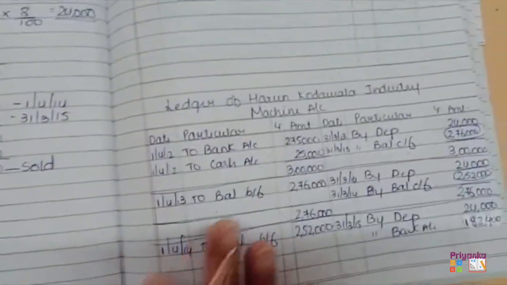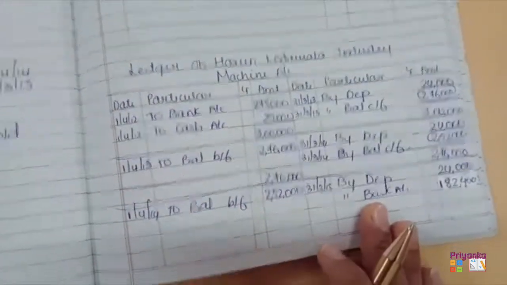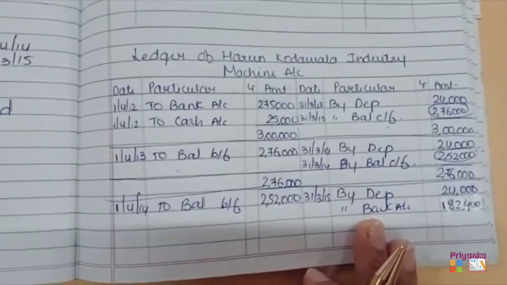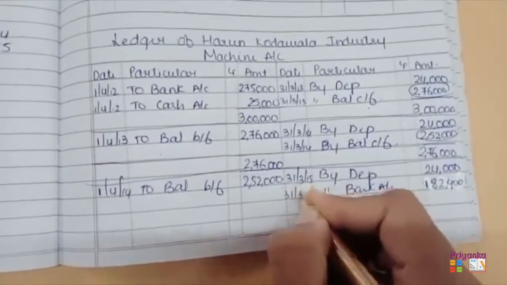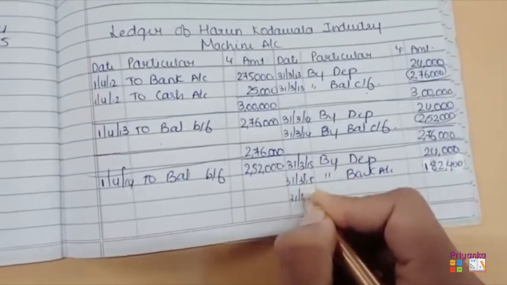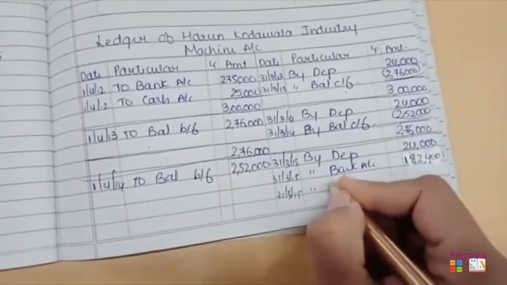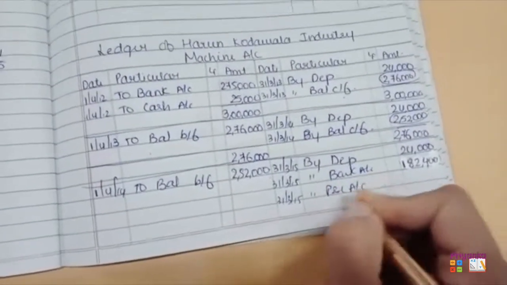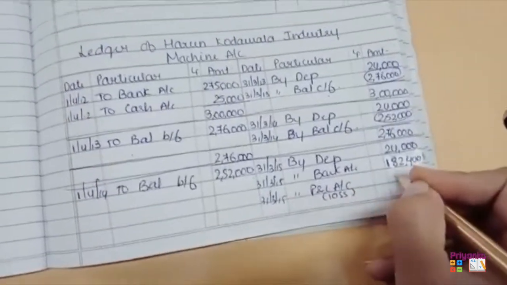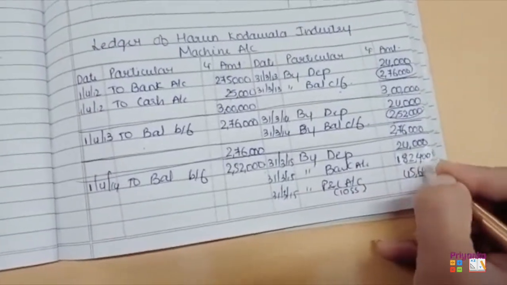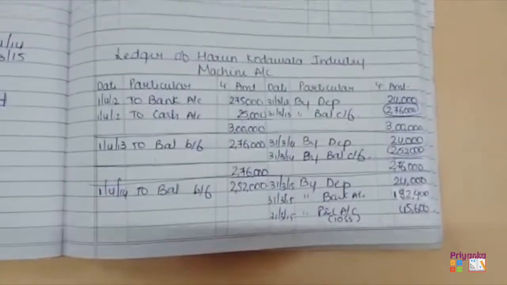Remember, profit हो तो यहाँ पे लिखना, and loss if you find loss in any machinery solding you have to write down here. The 31st March 2015 will write down profit and loss account, and in bracket loss, that is 45,600. So here we end up.